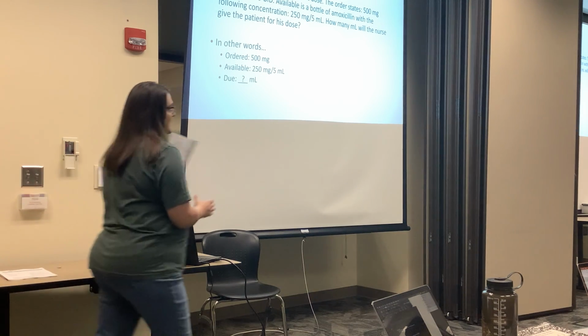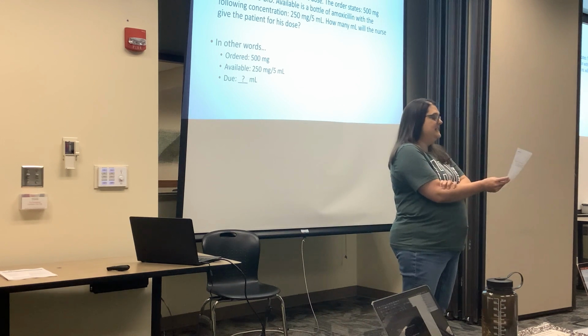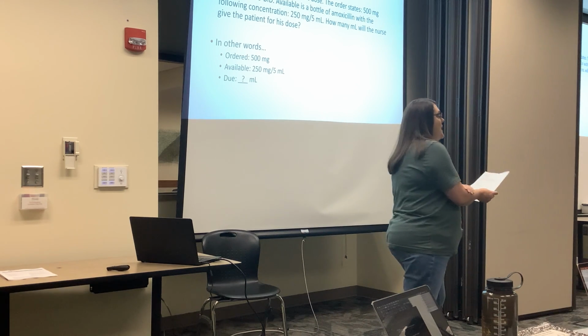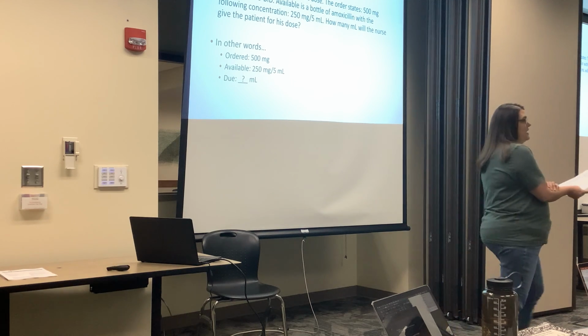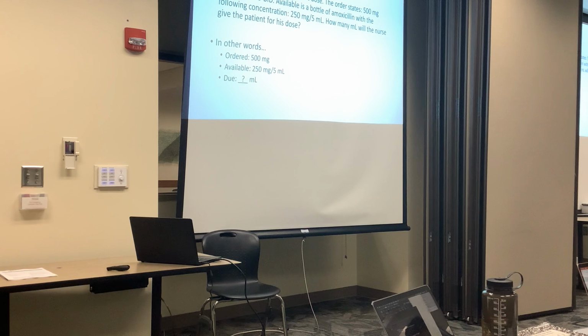If you look at your sheet, it's going to define a couple of terms or a couple of letters. The D is desired dose. So that's what you want to end up with. Your desired dose is 500 milligrams. What you have on hand is 250 milligrams.